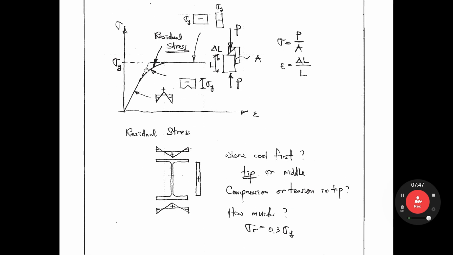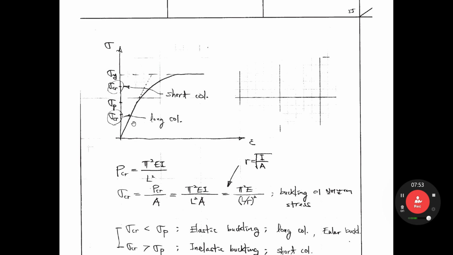The elastic modulus cannot apply for the short column because up to sigma p, where p means proportional, the stress-strain relationship is proportional. In this proportional range up to here, the elastic modulus E works, but after sigma p, this modulus is no longer the elastic modulus. So we have to consider the change of this elastic modulus.